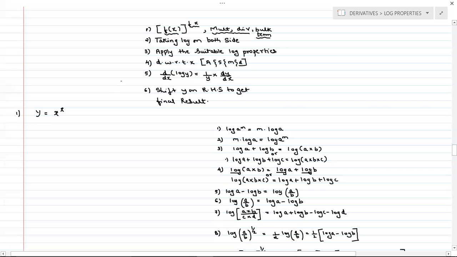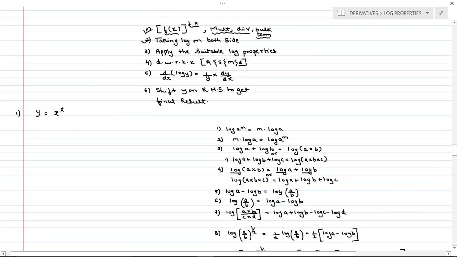As per the rule, whenever there is function raised to function, or a bulk term, or multiplication and division between the terms, we can use this concept, yes or no? So the first step: you have to check whether it is function raised to function or a bulk term. Yes, it is function raised to function.